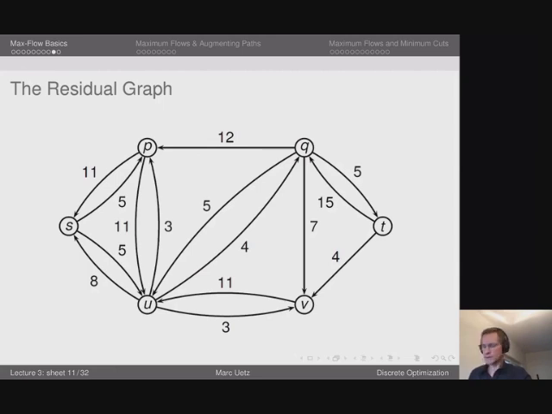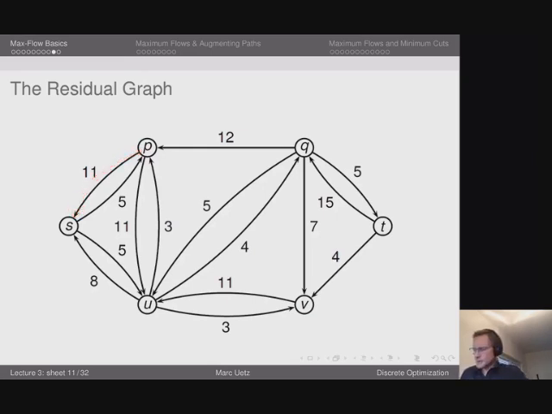We see that, for instance, the flow from S to P was actually 11, the capacity was 16, hence the residual capacity of this edge here becomes 5. I was sending a flow value from S to P of value 11, hence I could decrease the flow in the opposite direction, therefore the capacity of the residual edge in the opposite direction must be 11.